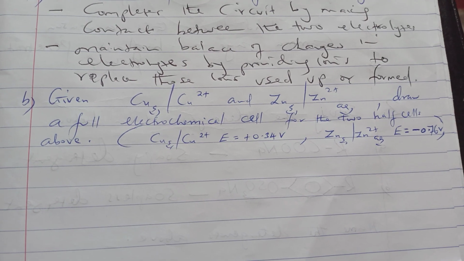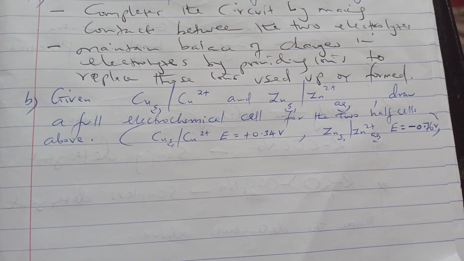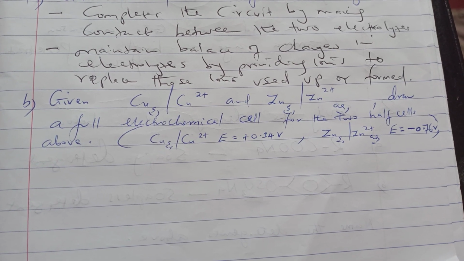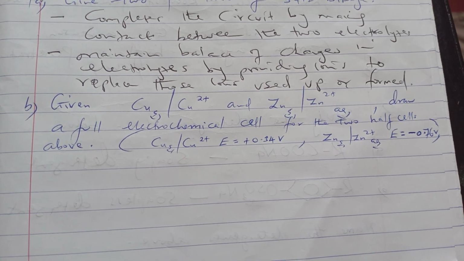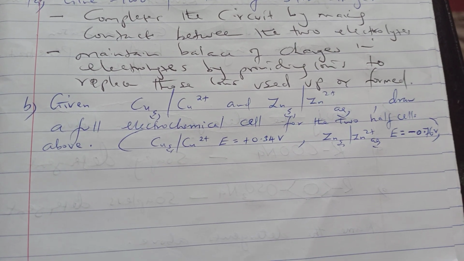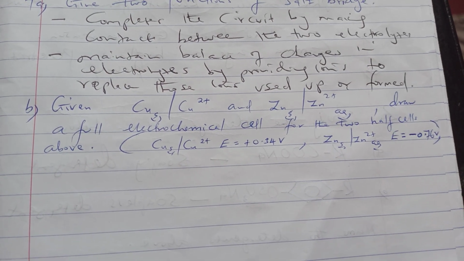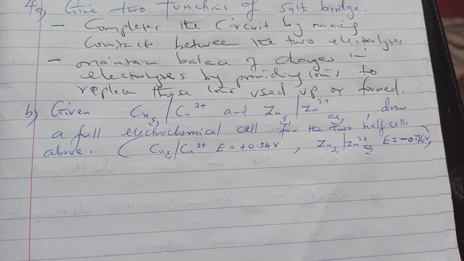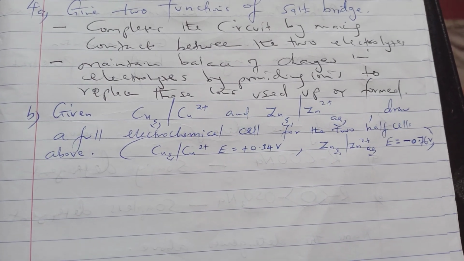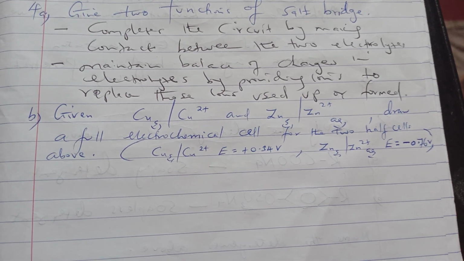The half cell with a negative electrode potential behaves like a reducing agent. The one with a positive electrode potential behaves like an oxidizing agent. The reducing agent will lose electrons, and therefore it must be on the left hand side, and the oxidizing agent, with the positive potential, must be on the right hand side, because it is the one that will accept electrons.